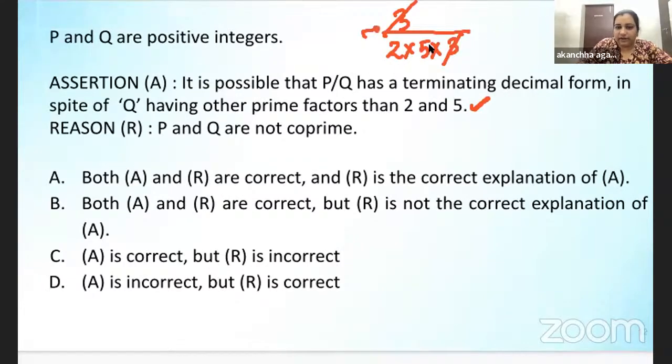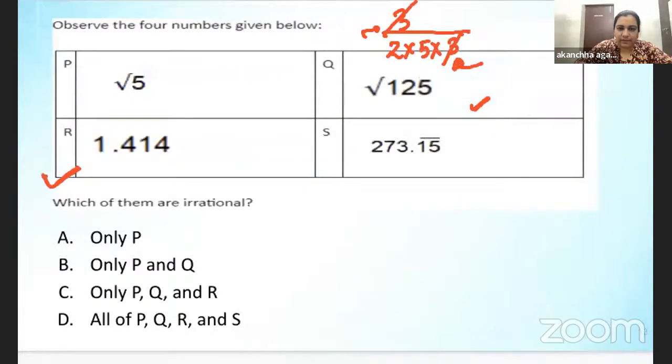Okay, if you have understood well, you might have got it that it is only possible when P and Q are not co-prime that P by Q can have a terminating decimal form, because the other factor will get cancelled by the factor of the numerator. Let's try out the next problem, please.